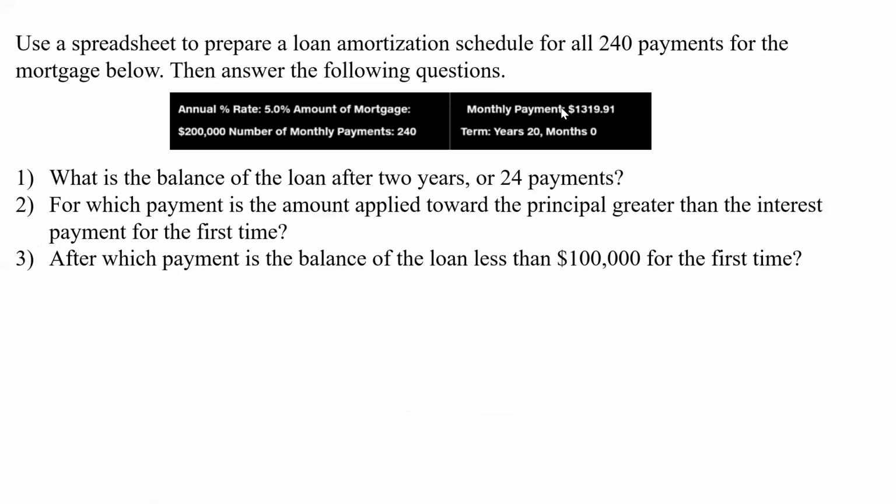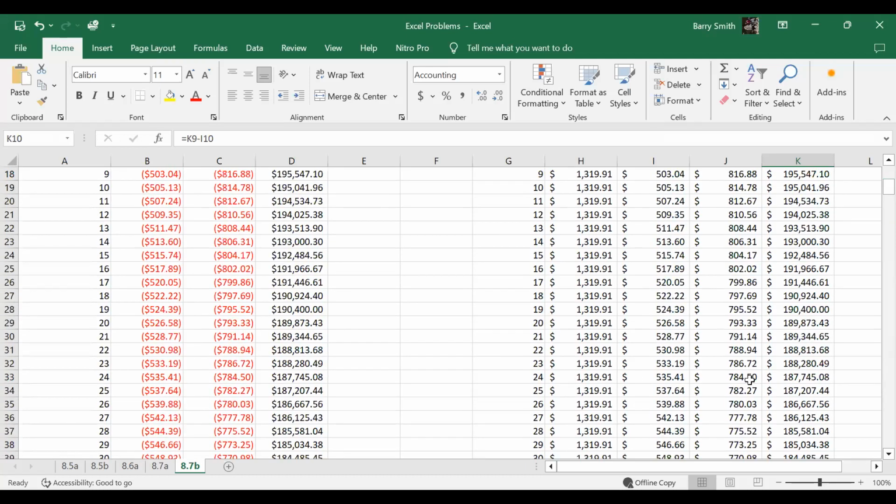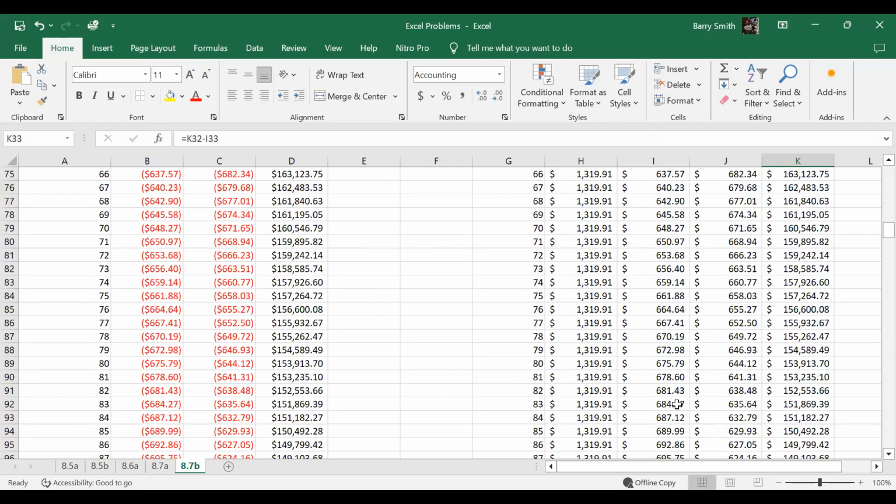They wanted to know after 24 payments. So after 24 payments, our loan balance is going to be 187,745.08, and it doesn't matter which one we do it with. It's the same both ways. Now, for which payment is the amount applied towards the principal greater than the interest? Well, we were down in the 80s here, so let's look here.